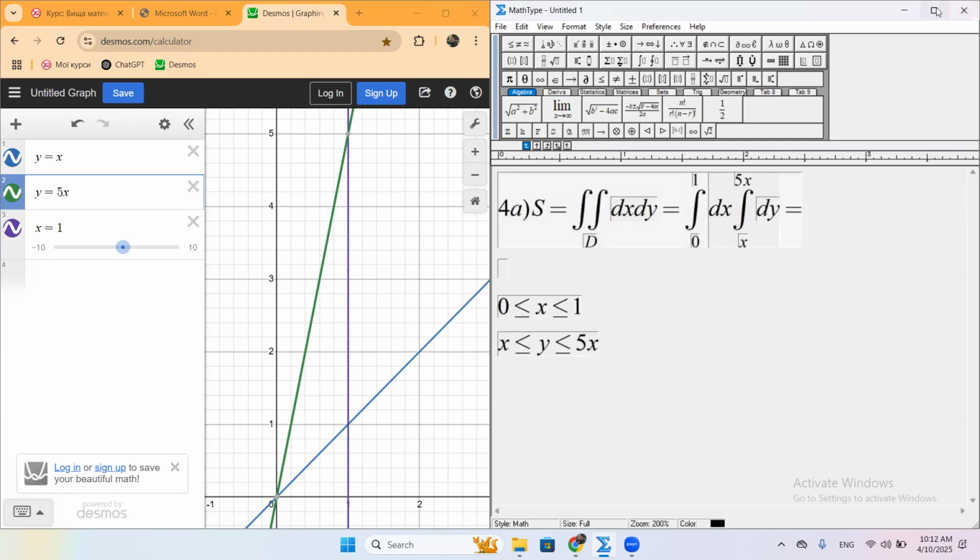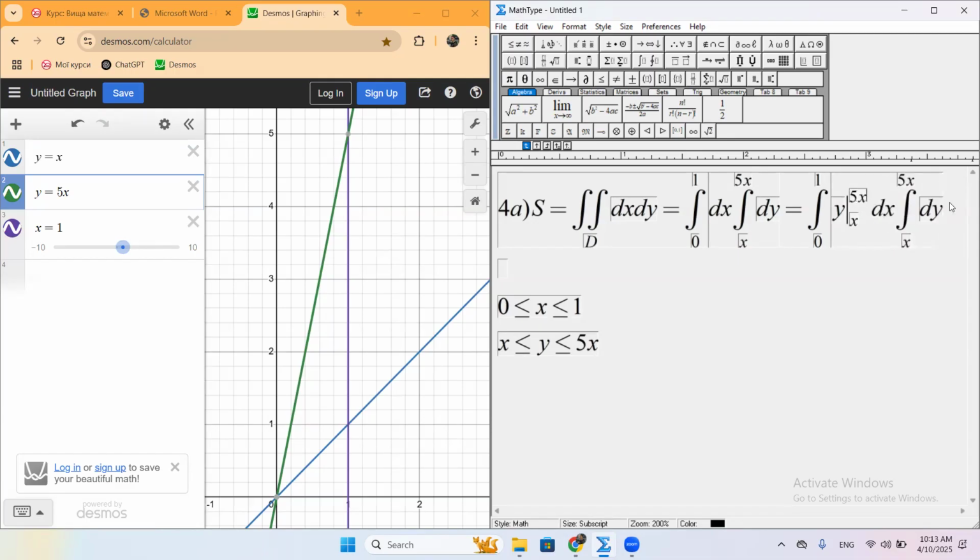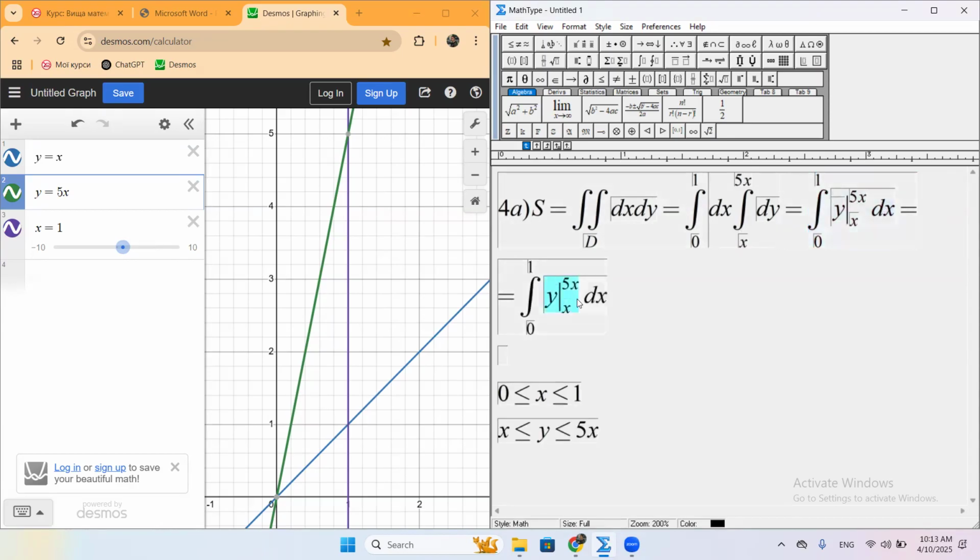So now let's write everything in detail. We have y with the substitutions from x to 5x. So it will be equal to 4x. It makes no sense for me to write the difference in detail.